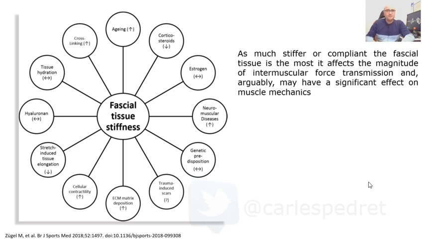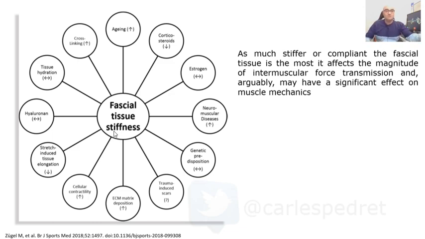This is the same article in the British Journal of Sports Medicine, which says that the stiffer or more compliant the fascial tissue is, the more it can affect the magnitude of intermuscular force transmission, and arguably may have a significant effect on muscle mechanics. Some aspects may increase fascial tissue stiffness, some may decrease it, and for others the relation is unknown.